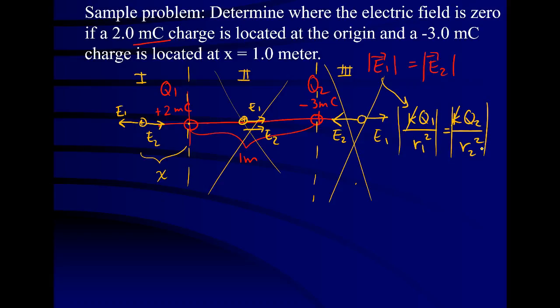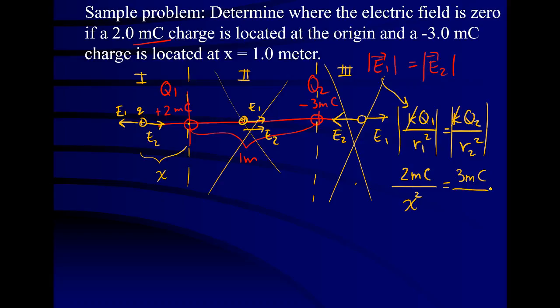So when I put in Q1 of +2 millicoulombs, I would have 2 millicoulombs, and then R1 is the distance from Q1 to the test charge, little q, and that distance will simply be x, and we square that. Then for Q2, that's going to be -3 millicoulombs, but we're taking the magnitude.